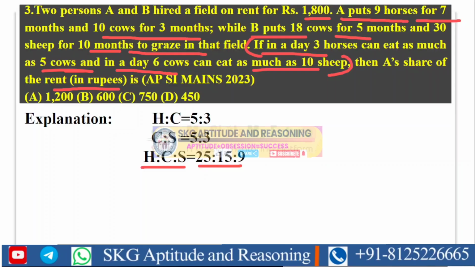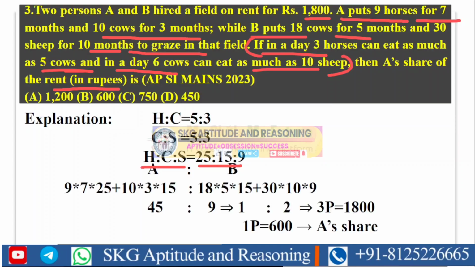That is how much grass each horse, cow or sheep can eat in a day in the field. We can also treat it as their efficiency.